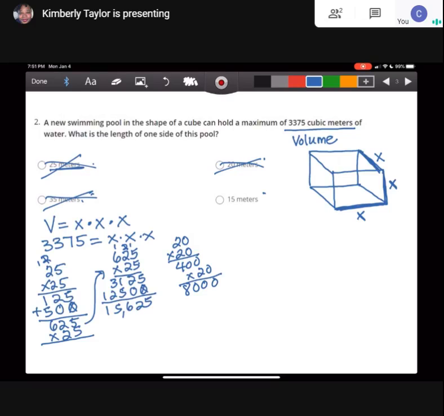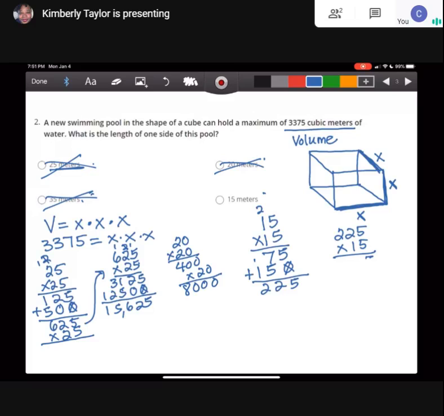So let's do 15 times 15. Let's verify that it's this. And that's going to be 25, 7, placeholder, 5, 1. Added together, you get 225. Okay, so now do 225 times 15.